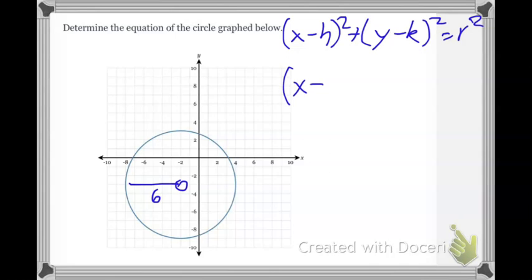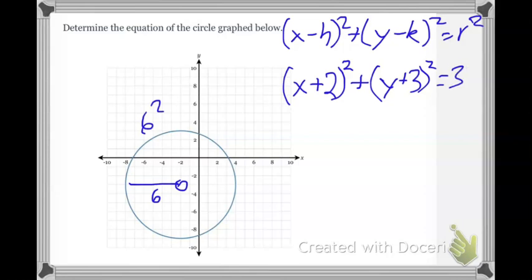So minus a negative makes it a +2 because it's going to change signs. Everything in parentheses is backwards. Squared, plus y minus k, which is the y value of the center, which is -3. So minus a negative becomes +3, squared, equals r squared, which again is going to be 6 squared, so 36.